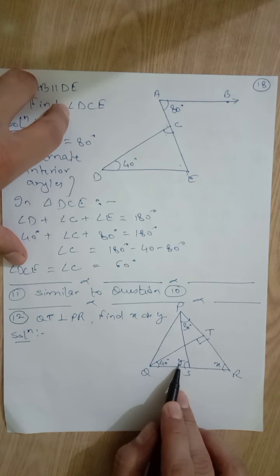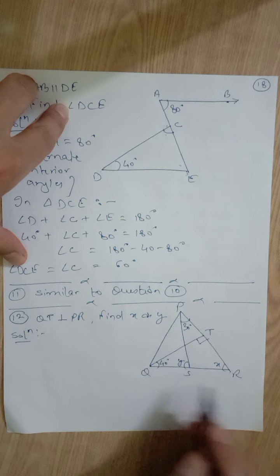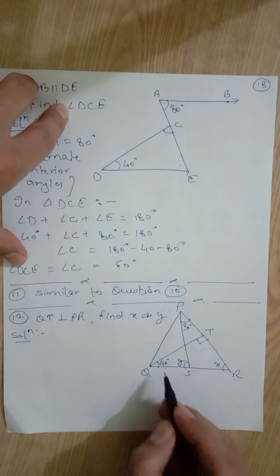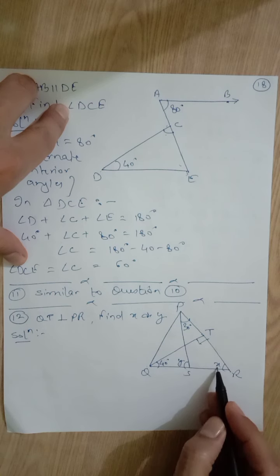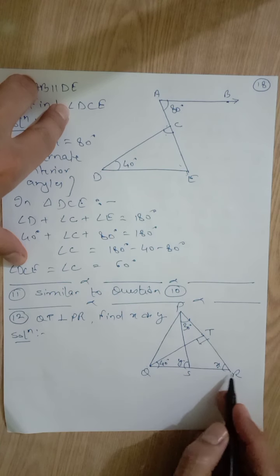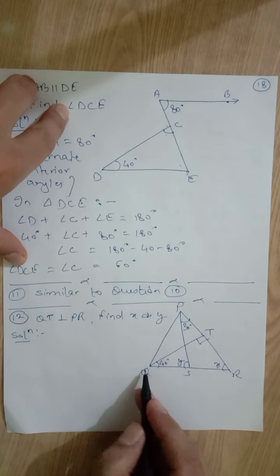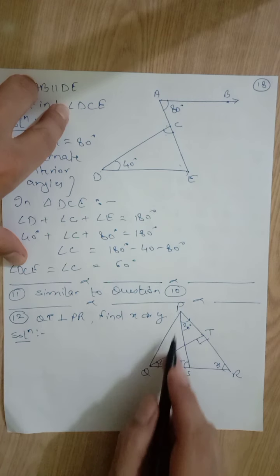Very easy. First of all, we will take triangle QTR. Here in this triangle, as we know that this angle is 40 and this is 90, we can find the value of X. Then, after calculating X, we'll take triangle PSR, where side RS is produced to point Q, so that angle Y is the exterior angle of this triangle.